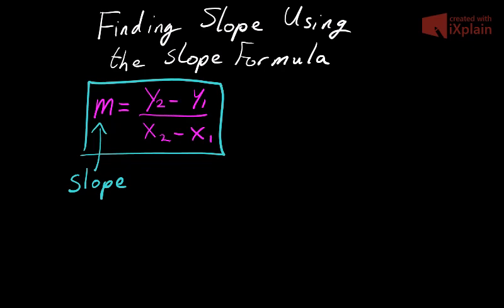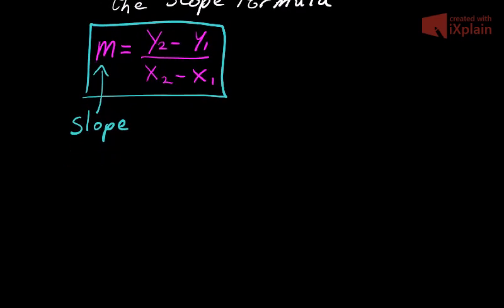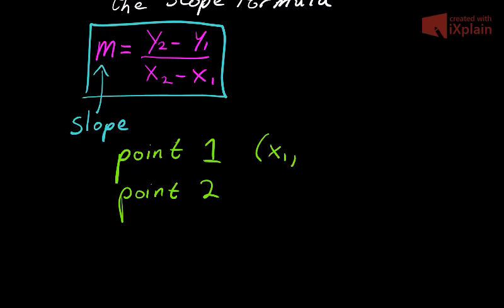The first thing we need to use our slope formula is 2 points. And because we're very creative about naming things, I'm going to name these point 1 and point 2. Point 1 is going to have the coordinates x1 and y1, and point 2 gets x2 and y2.